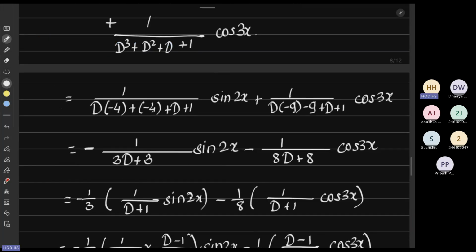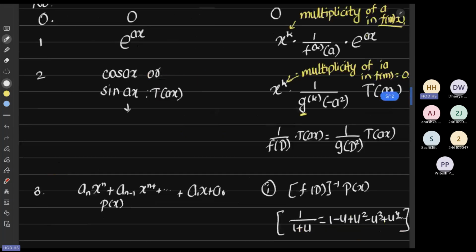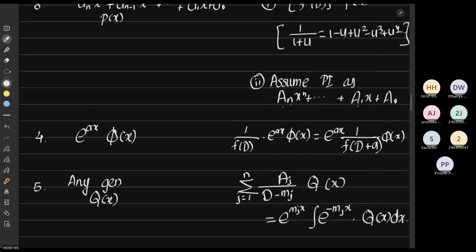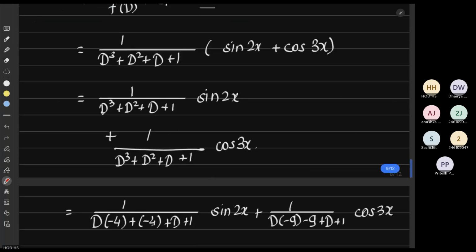So from the formula table that we have done, consider this one: e to the power ax times phi x can be written as e to the power ax taken outside, and we will shift D as D plus a.